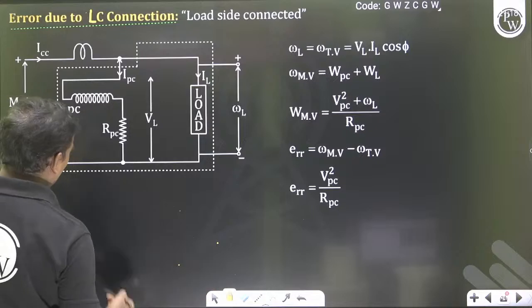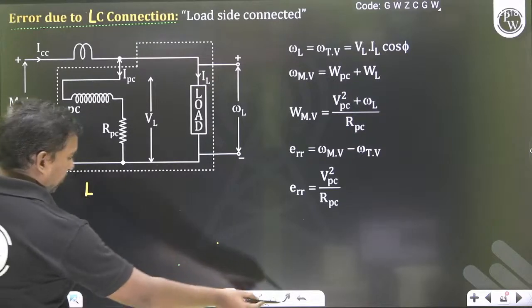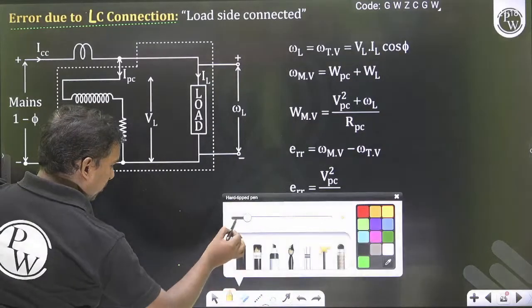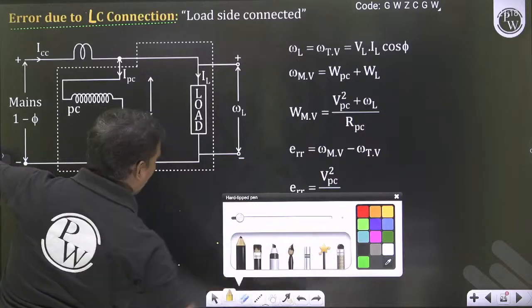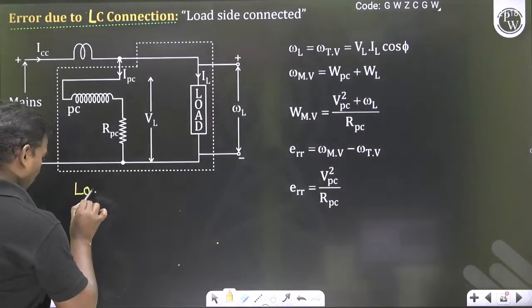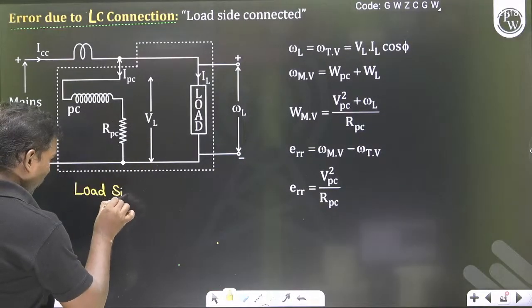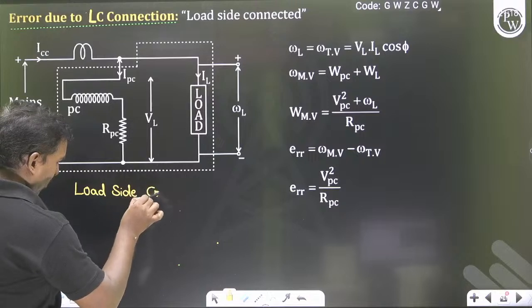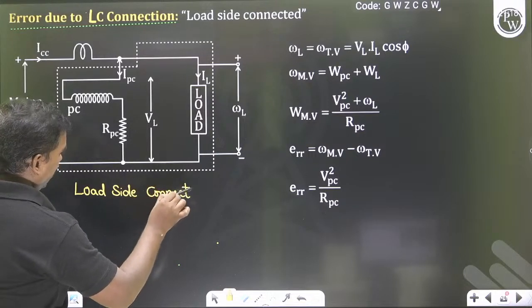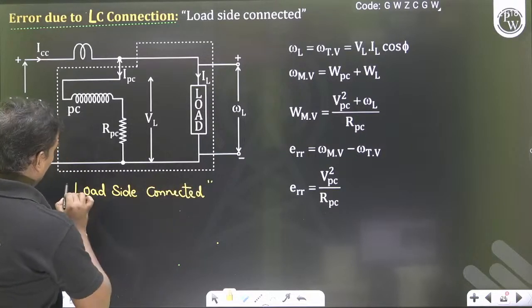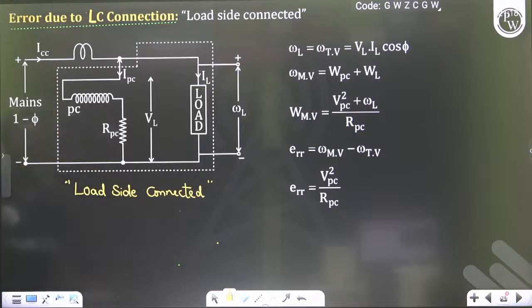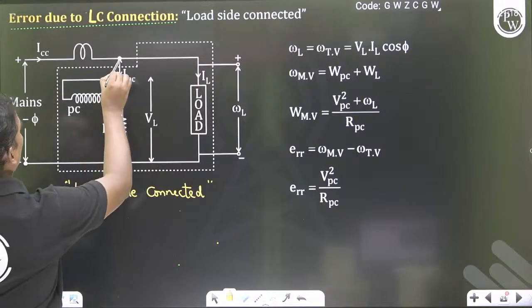So moving coil connected, load side connected. So this is connected to the load side.